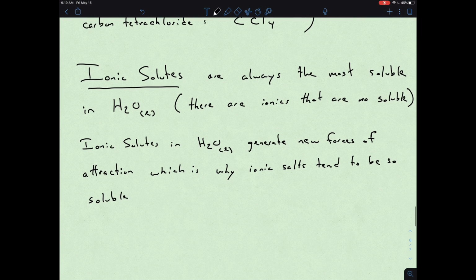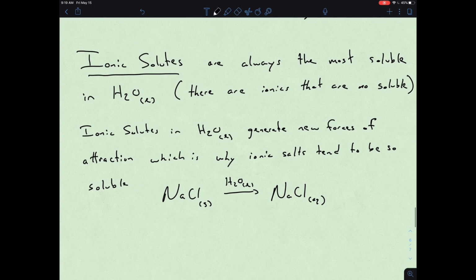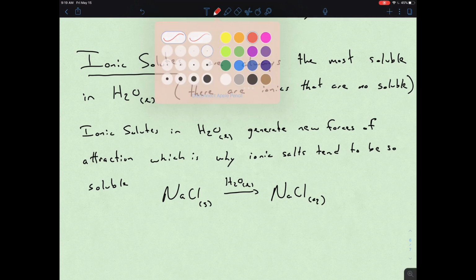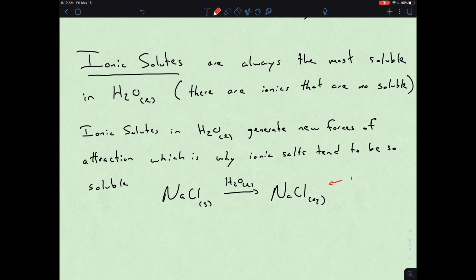So if we look at sodium chloride dissolving into H2O, we get something that we could write like this, but really there's more to it, that these ions are dissociated from one another.